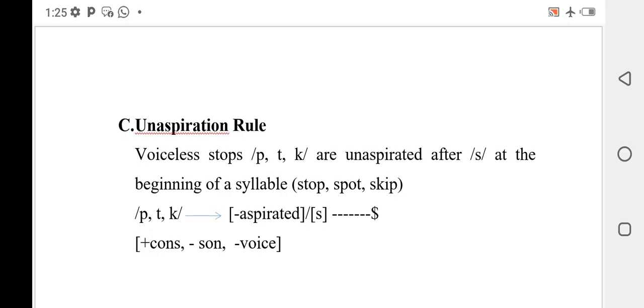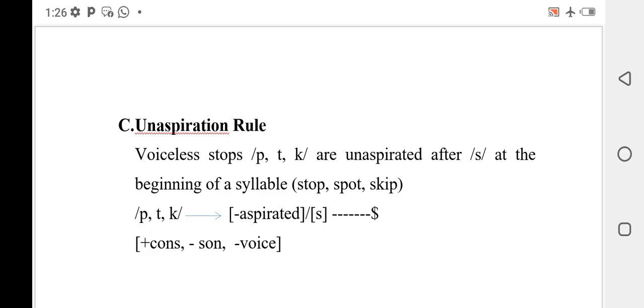So I have stop, spot, skip. Now T, P, and K become unaspirated because they are coming after S. So we find here that voiceless stops become minus aspirated.